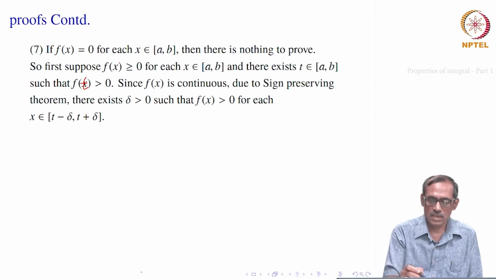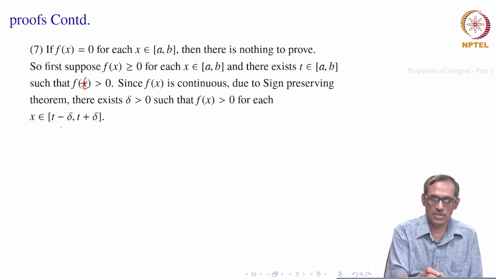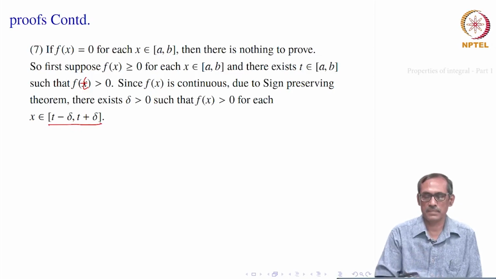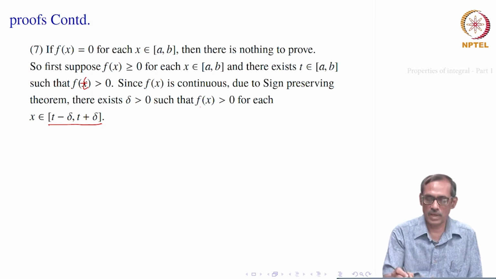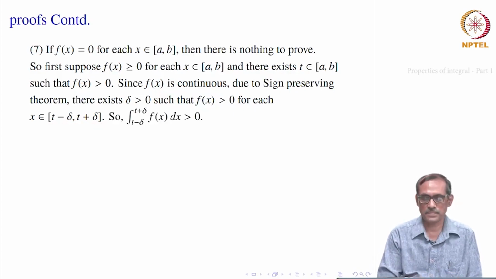That neighborhood is of course some open interval, but again inside that we can choose a smaller delta, so that there exists a closed interval t minus delta to t plus delta, on which f of x is bigger than 0. Then its integral will be greater than 0. We just apply the earlier result, right.